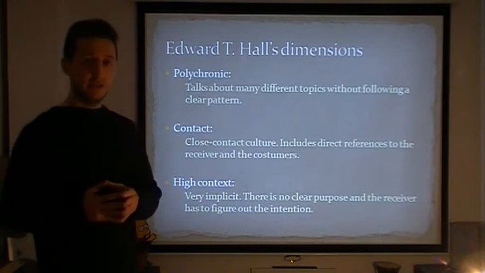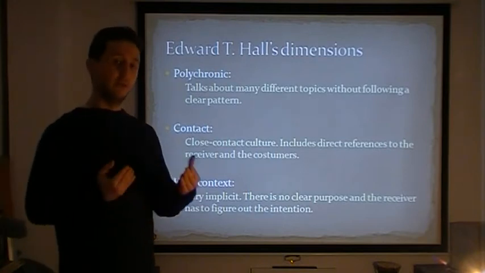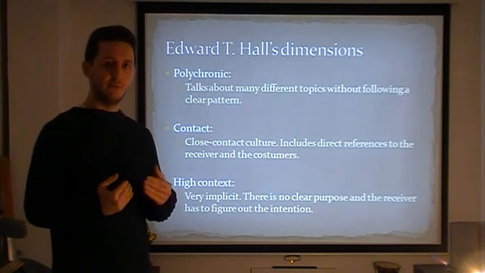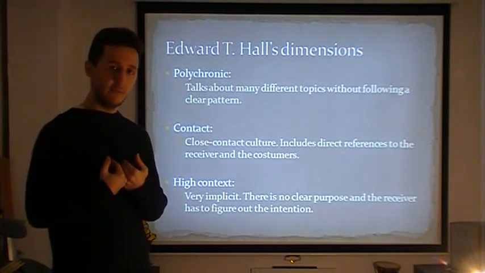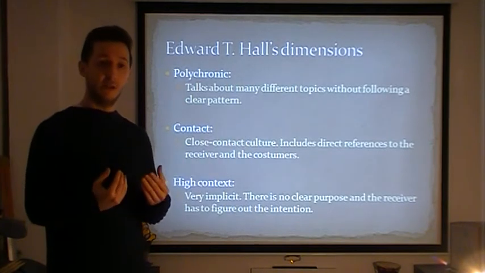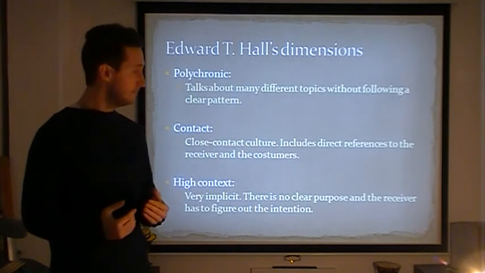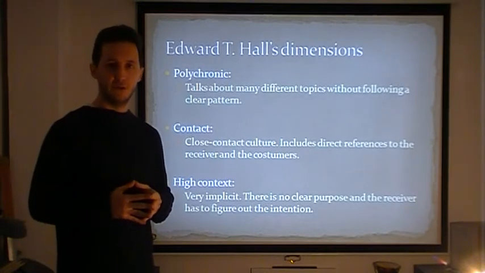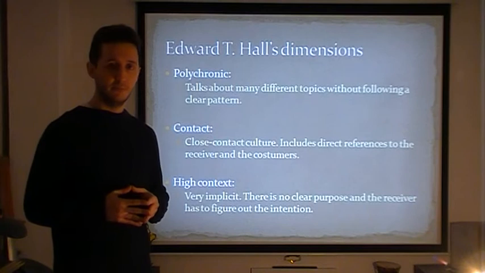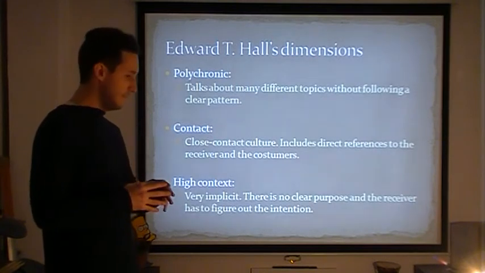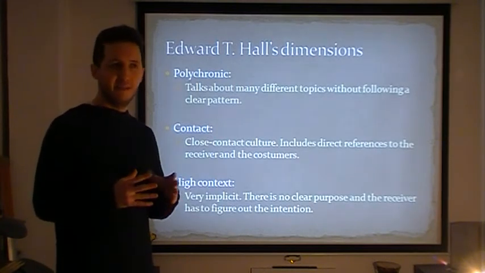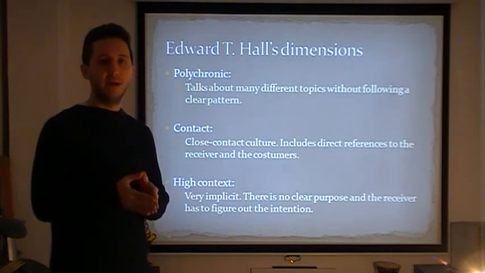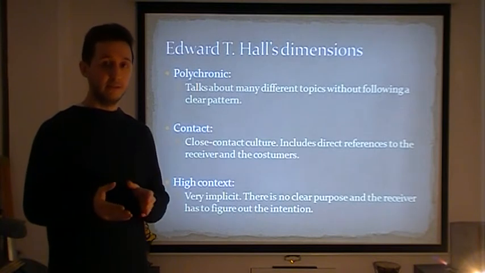In terms of contact, we can easily see that it belongs to a close contact culture, since the writer establishes a very close relationship between himself and the receiver, as well as the customers of his company. And finally, we can say that it clearly belongs to a high context culture, since the letter is very implicit. As a reader, one can only assume what it is about, since there is no purpose stated.